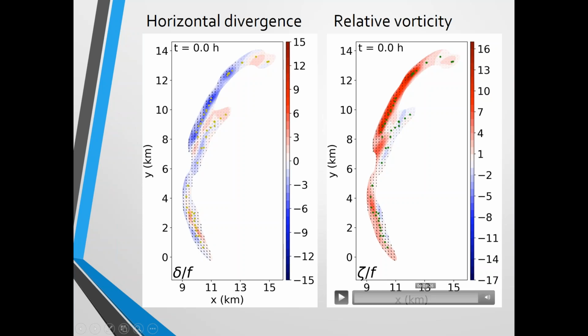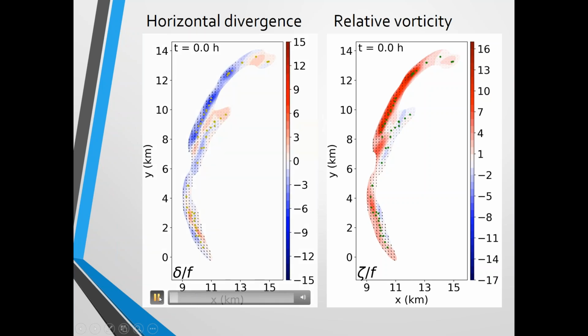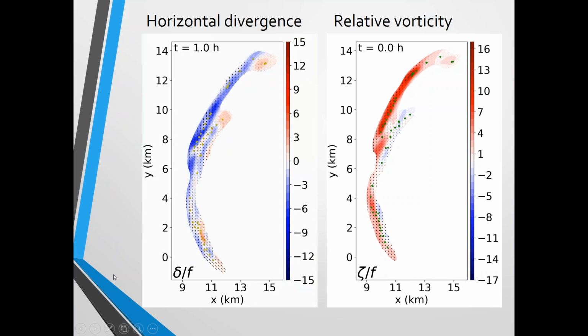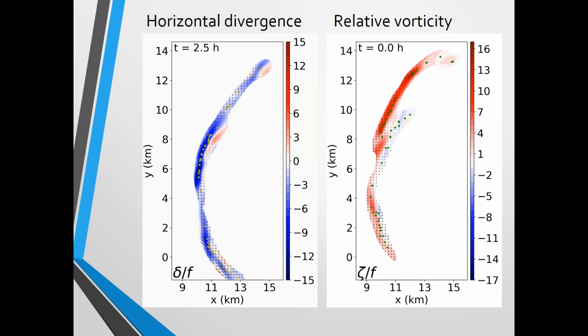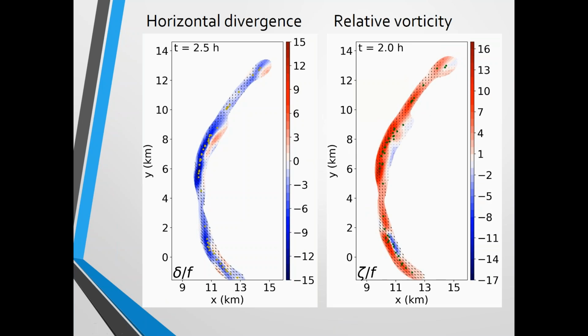using our coordinate system adjustment. So here's convergence. You can see a very strong convergence. The yellow dots are the drifters' positions. So you see that the convergence line is transported by the background flow, so there's an eastward transport, and the drifters are aligned over this strong convergence zone, which also has a very intense relative vorticity.